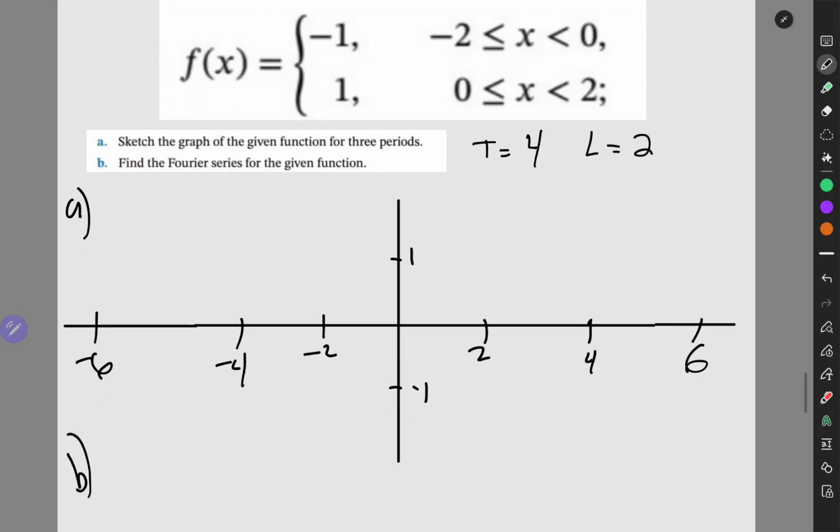So we have -1 from -2 to 0. -1. Okay, so that's going to be down here. And then we have 1 from 0 to 2. Interesting. See how we have this?